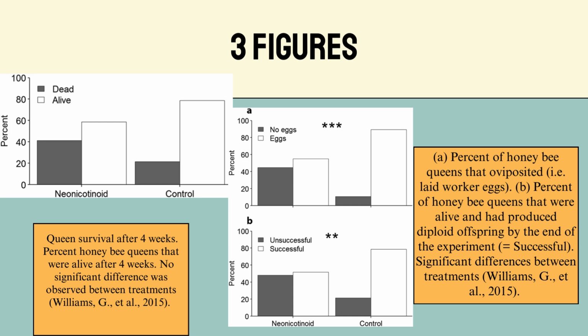There was no significance between the amount that survived and didn't survive, no significance between treatments of the control and the ones treated with the neonicotinoids. But for the ones that did survive, on the second figure, part A, you can see the percent of honeybee queens that laid worker bees, and part B is showing the percent of honeybees that were alive and had produced diploid offspring. These both had significant differences between the two.